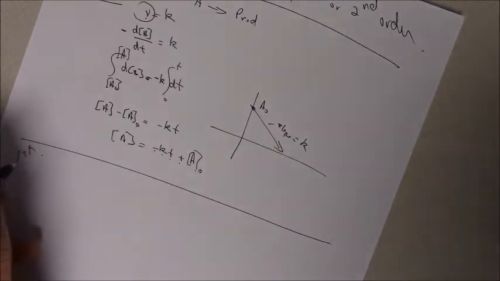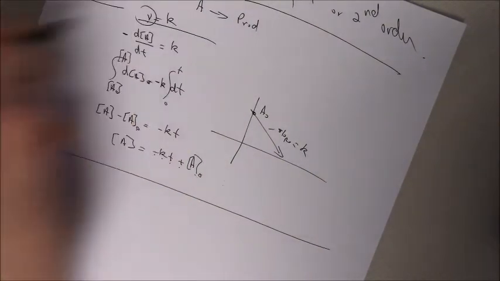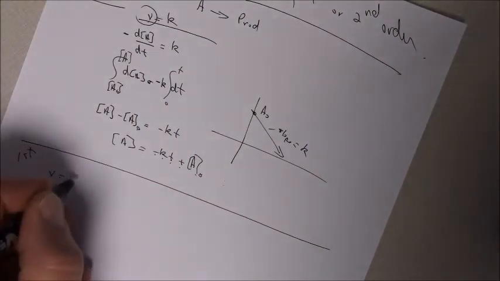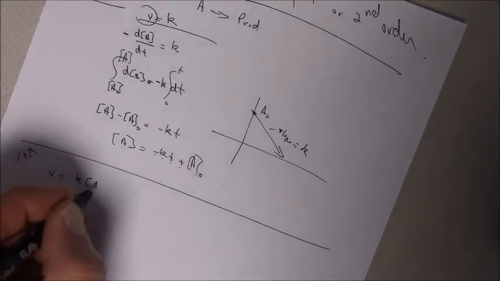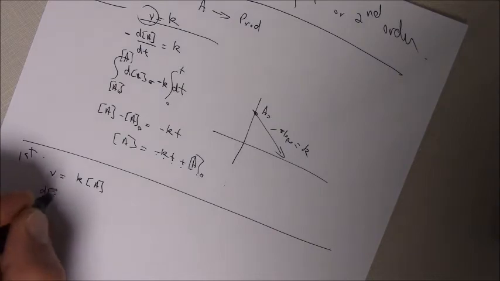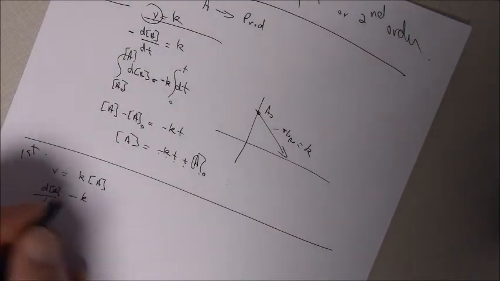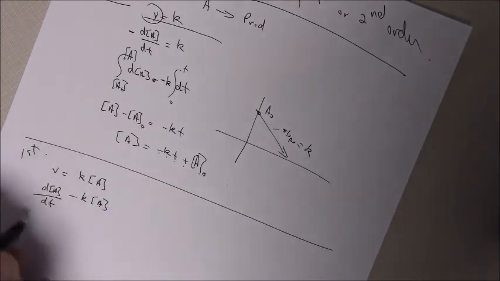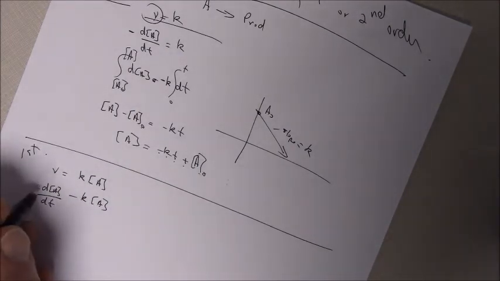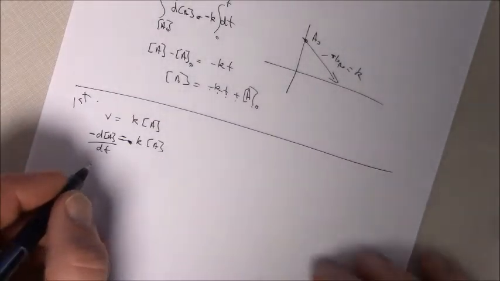First order would have some dependence on the concentration of A. If you're watching it like this, -dA/dt equals kA, so dA over A equals negative k dt. I'm going a little bit quick here because you've already seen this and should know it.